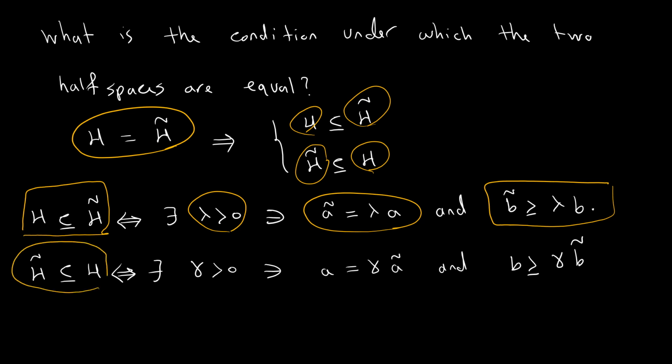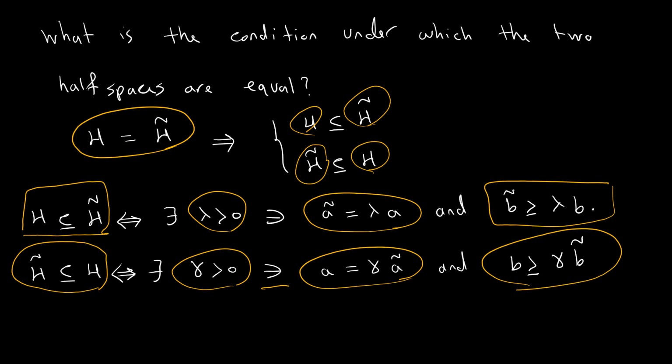Also, for the other one, we need to have gamma greater than 0 such that we have this equality and this inequality. Once we have these two, we can come up with a necessary and sufficient condition for having two half spaces equal. And I'm going to show that in the next slide.